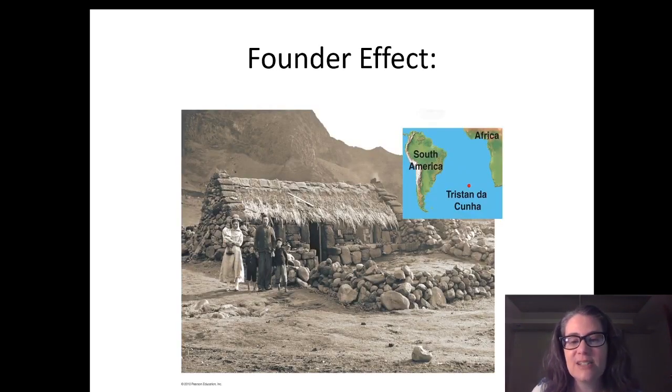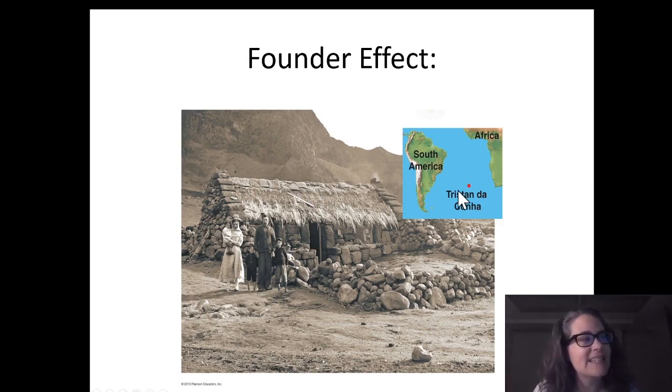Another way we see this is through founder effects. This particular island was settled by only, I think, a dozen individuals. And one of the problems that one of those members carried was an eye problem that caused degeneration and middle age to late age blindness.